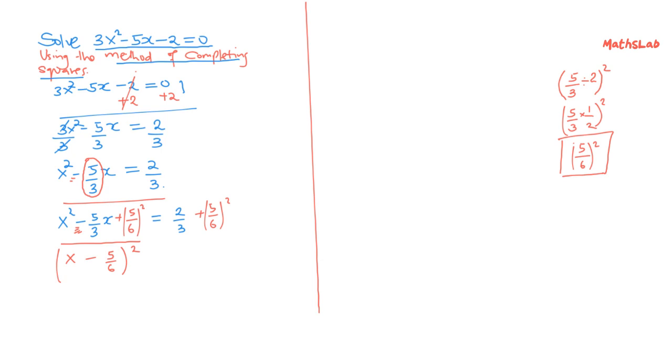So we'll have x minus 5 over 6, everything squared, and that will be equal to 2 out of 3 plus 5 out of 6 squared, and that is just 5 times 5, which is 25 out of 6 times 6, which is 36.